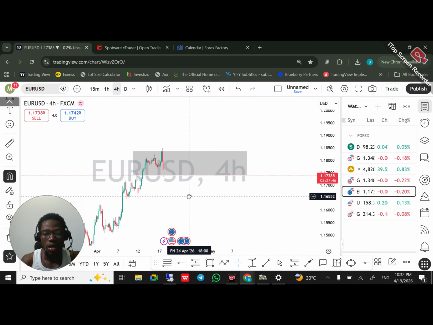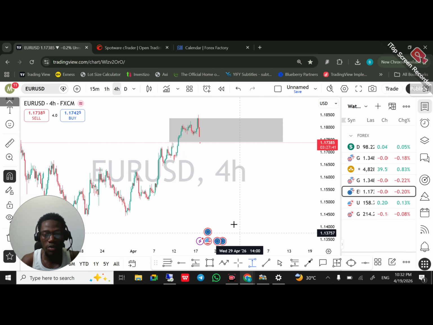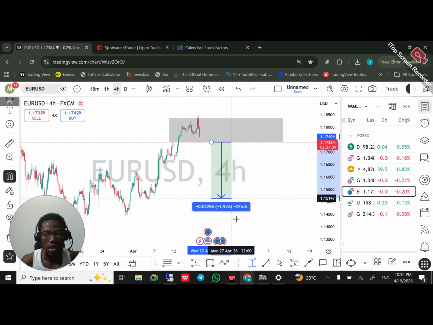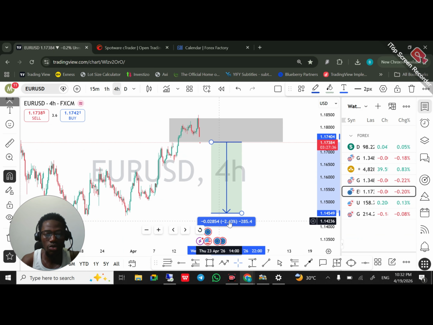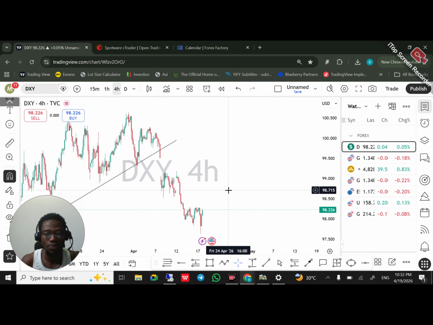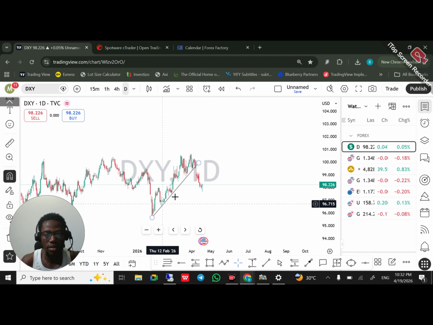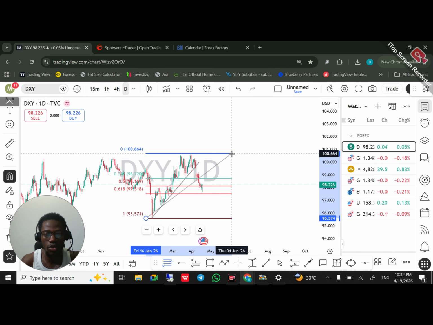So I'm actually expectant that we're going to be having good setups for the week, looking at a projection of 200 to 300 pips to be made this week. So let's see how it goes. The DXY as well is standing right at a potential bullish move.